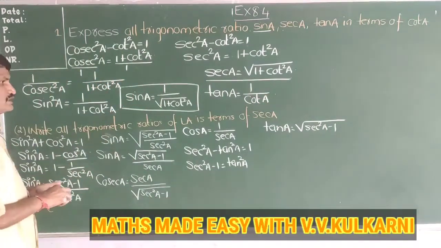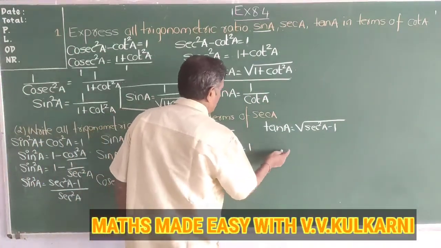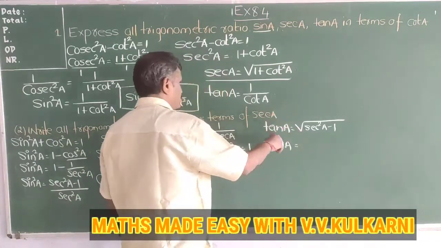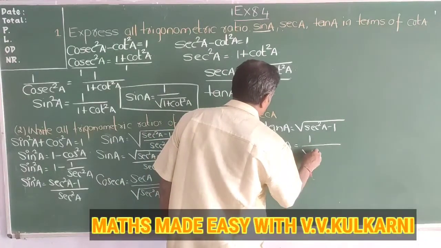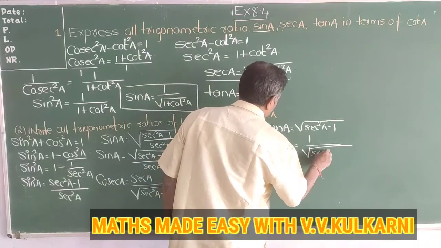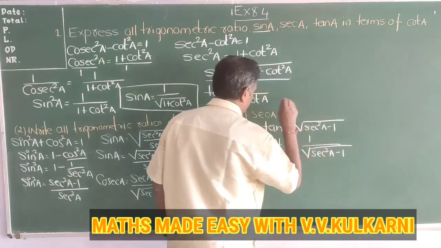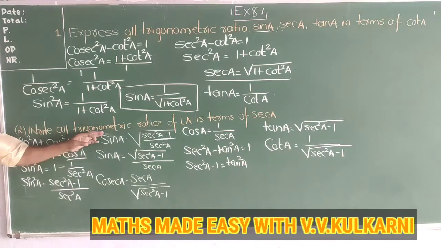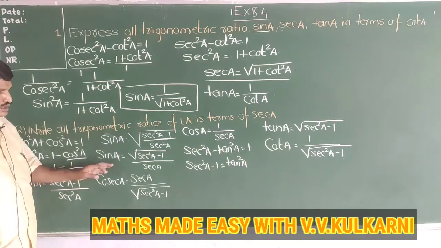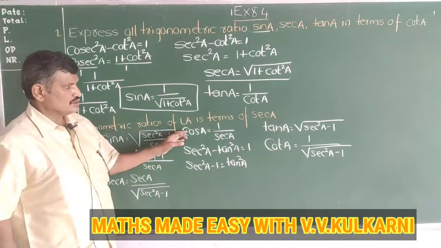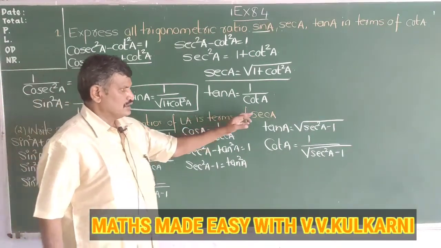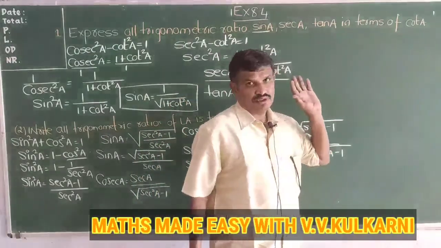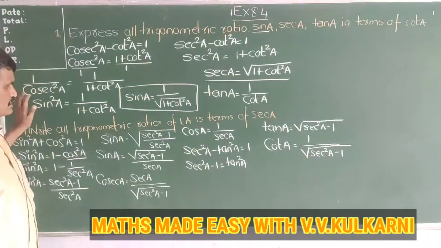And if you get tan as under root secant square A minus 1, then the reciprocal of tan is cot. Cot will be equal to 1 by tan, and 1 by tan is nothing but 1 by under root secant square A minus 1. So now you can see here, sine is in terms of sec, cosec is in terms of sec, cos is in terms of sec, tan is in terms of sec, and cot is also in terms of sec. So all the right hand side contains sec theta.